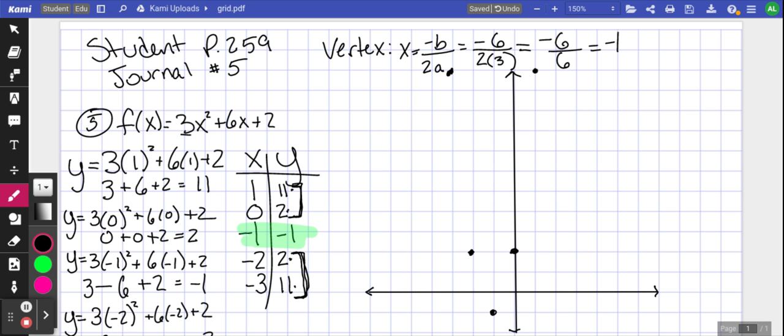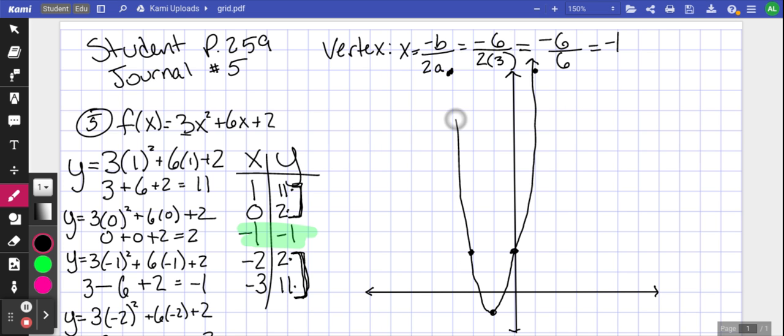It should look the same on both sides. If you're plotting your points for your parabola and one side looks different than the other, double check your math because it should be equal on each side. Then you want to draw your parabola. Be careful you don't make it look too pointed. It's going to be hard on this one because it's pretty steep. But you want to always make sure it looks curved.